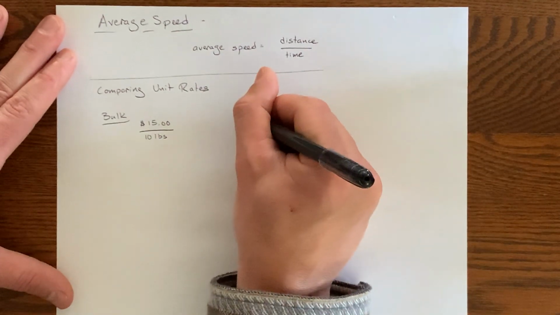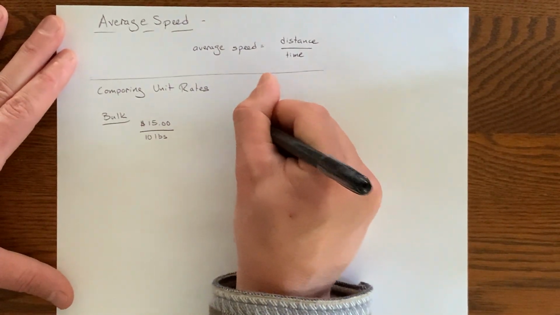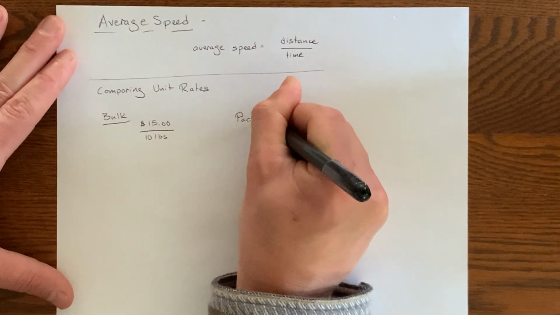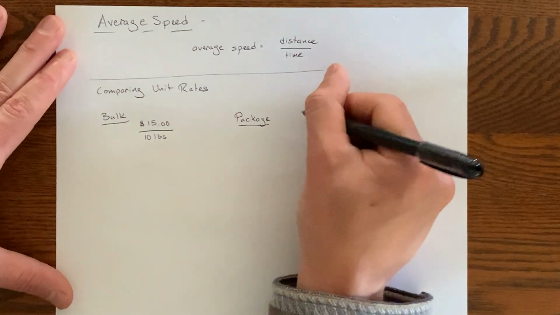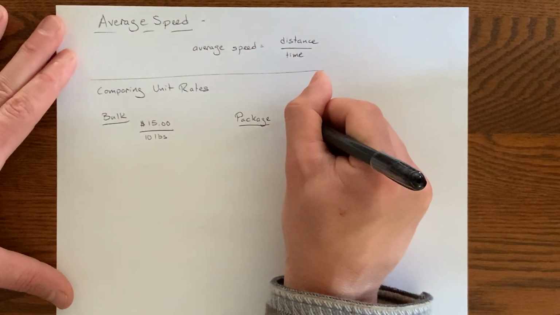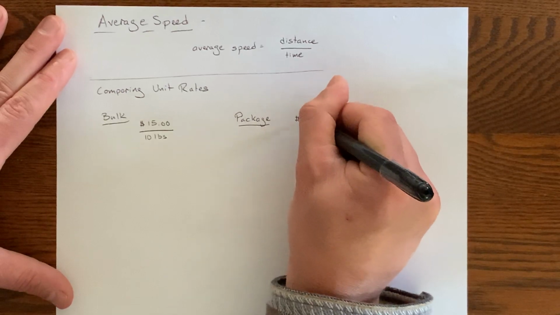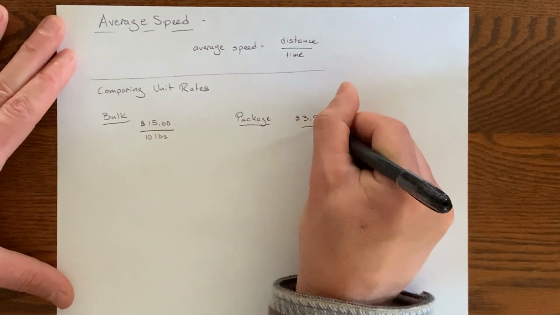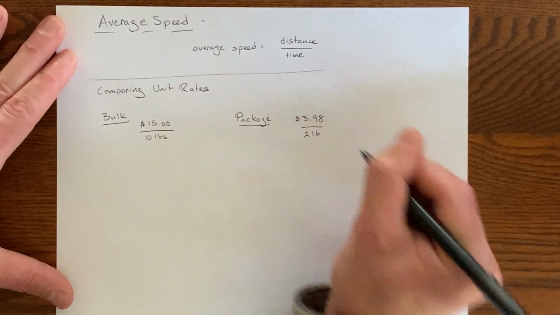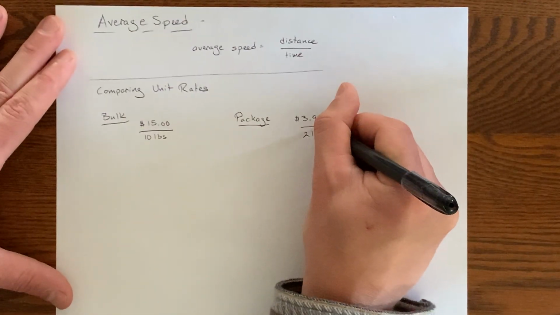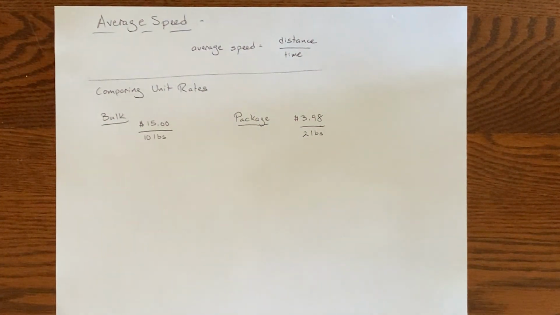So there's my bulk pasta. And my packaged pasta, I'm gonna do my price again, same rate. Price, which is $3.98, to weight, to 2 pounds. So think for a sec, just looking at these, which one do you think would be a better deal?